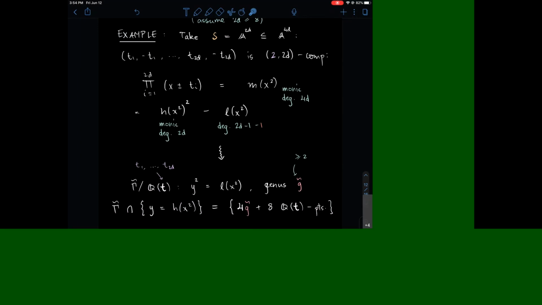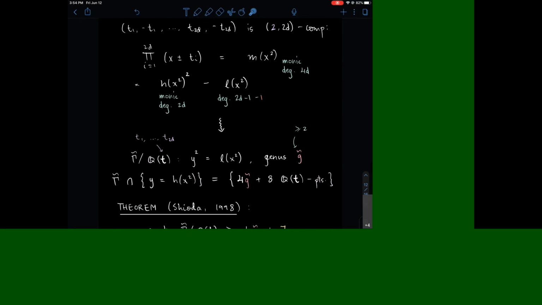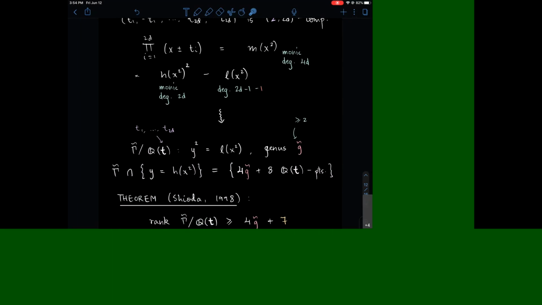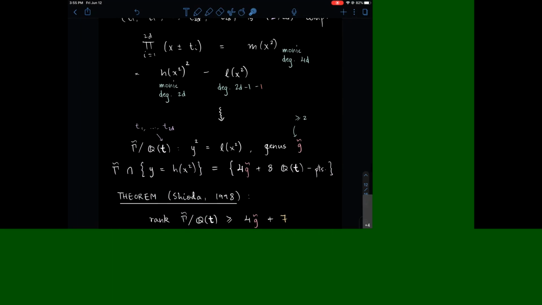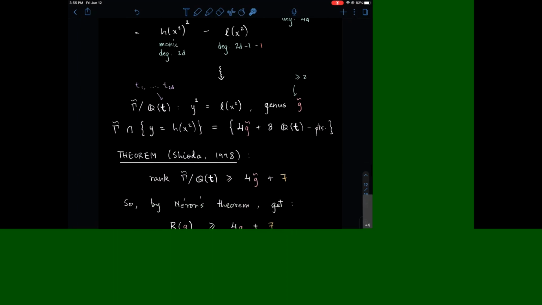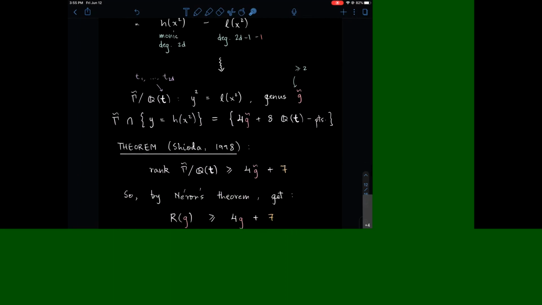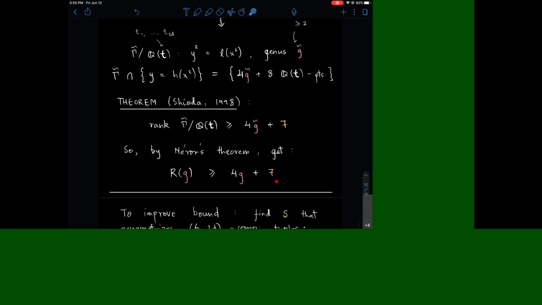When you go through the whole thing, I don't want to bog you down with the details, but just looking at it, you can see that when we intersect with that interpolating thing, we get a bunch of points, and in this case, you get 4g tilde plus 8 points. And Shioda proved that, again, they only satisfy that one single relation. And so you get a lower bound of 4g tilde plus 7. And again, by Néron's theorem, you get this lower bound.